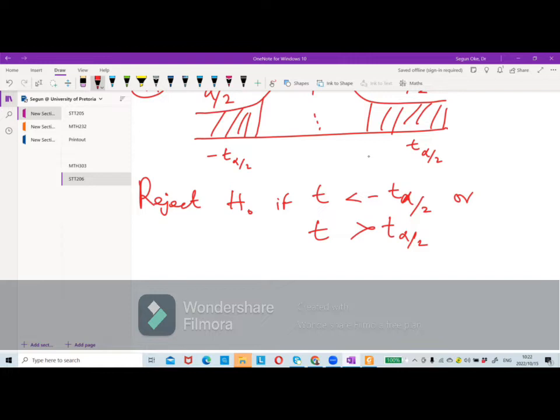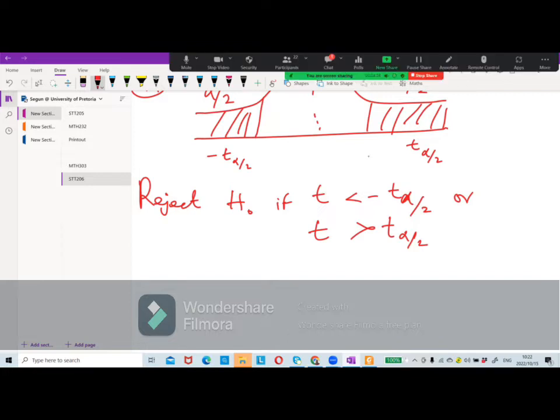I'm not sure whether the school will provide one for you or not. If they do not provide it, it simply means the examiner will give you the tabulated value you need. The value of what we need will be given to us.